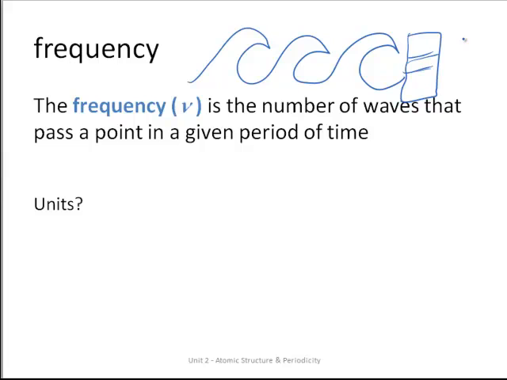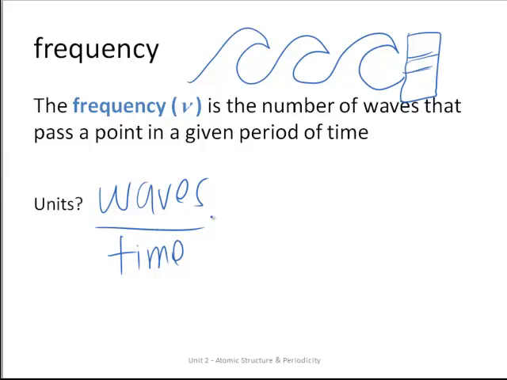So what type of units would we want to measure frequency with? Okay, well, we're counting waves as a function of time. We actually refer to waves more often as cycles. So cycles per any unit time, let's say second, could be used. For whatever reason, a lot of times cycles is not given.